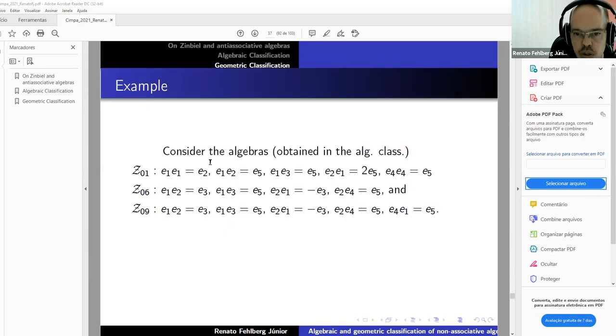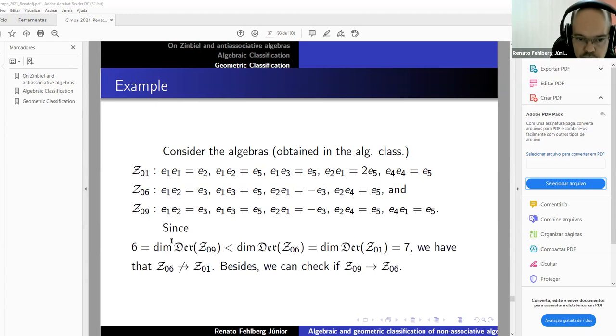As an example, we consider these three algebras that were obtained in the algebraic classification, and here are the products that define these 5-dimensional Zinbiel algebras. If you compute the dimension of the derivation of these algebras, we obtain that for Z9 the dimension is 6, and for the other algebras the dimension is 7. So we know that Z6 does not degenerate to Z1.